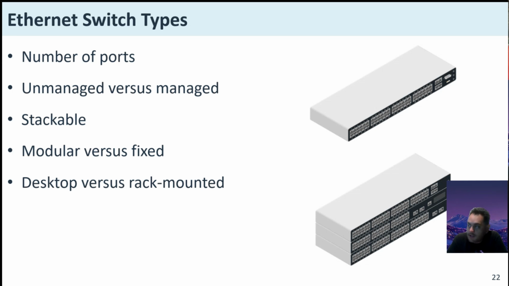Unmanaged versus managed. On a SOHO network, you guys remember what a SOHO network is, right? Small office, home office network. Switches are more likely to come unmanaged, standalone units that can be added to the network and run without any configuration. So this is generally a plug-and-play switch. You can show up, say, okay, well, this modem only has 4 ports.